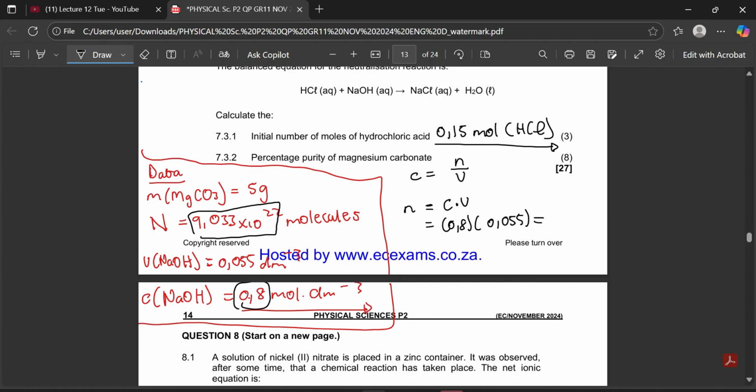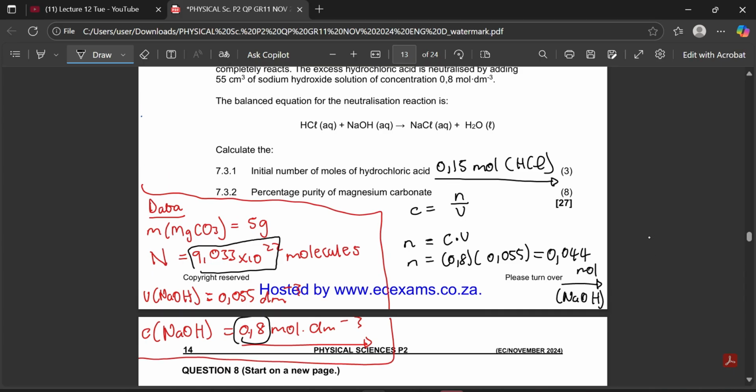That gives me 0.8 times 0.055, and that gives me an answer of 0.044 moles. So those are the number of moles that I have for sodium hydroxide.